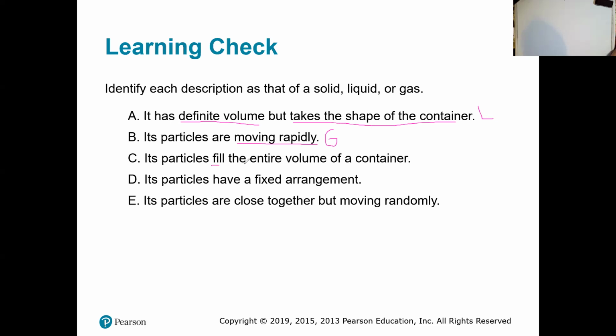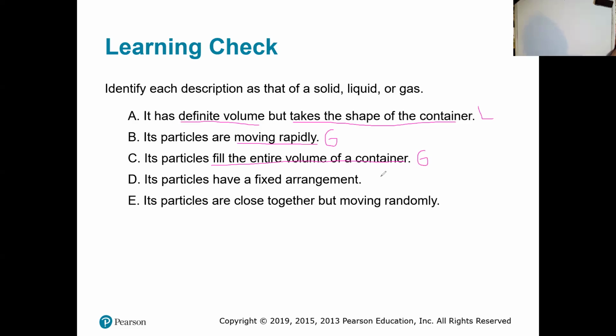Its particles fill the entire volume of a container. If the volume is able to change and the volume is able to fill the entire container, for example, that's a characteristic of gases. Your liquids and your solids both have set volumes that cannot change. Liquids and solids have a set volume that cannot change.